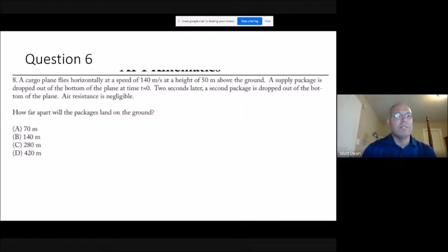All right, so here's the same setup on question 6. This time we want to know how far apart will the packages land on the ground. So again, let's say box 1 was dropped here. Box 2 was dropped over here.